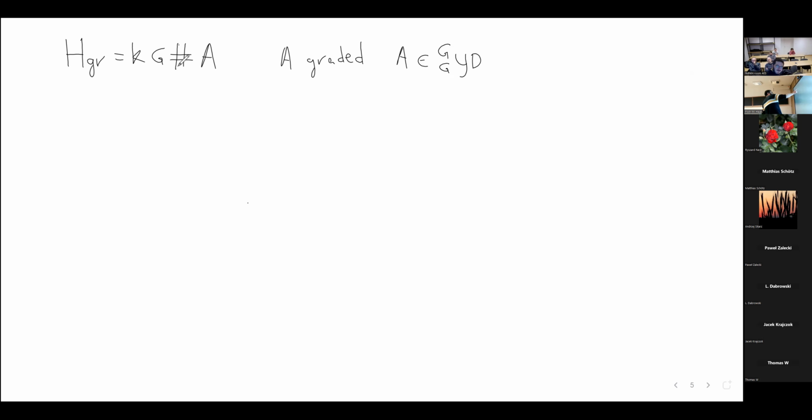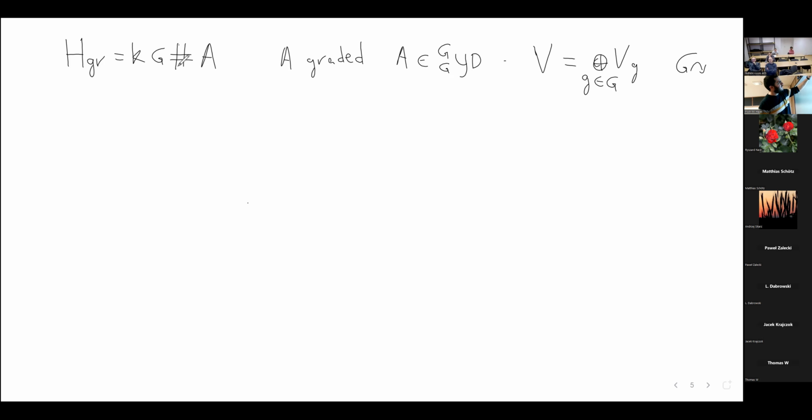I would like to tell you first something about this category, the Yetter-Drinfeld category G G YD. What are the objects here? Objects are vector spaces V that are graded by G, so V splits as the direct sum of V sub g, where g is in G. I also have a G action.